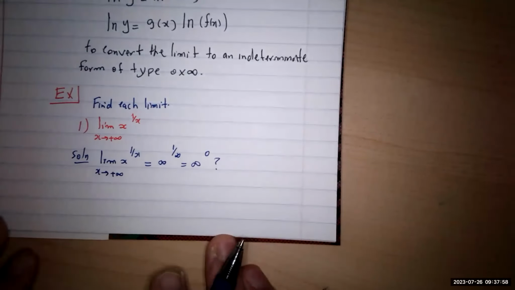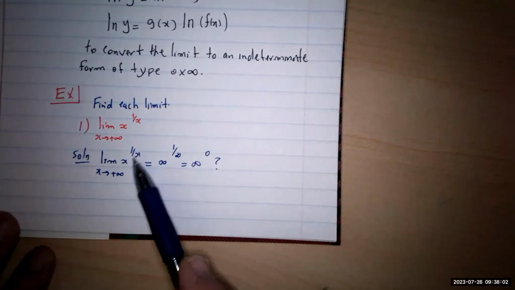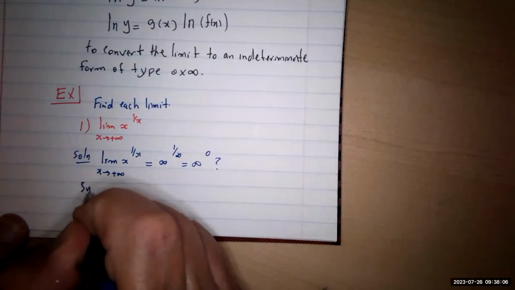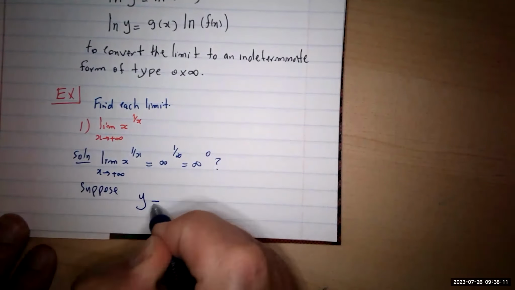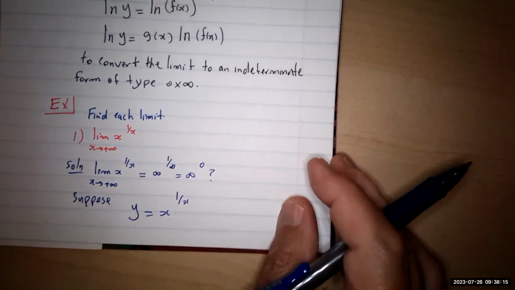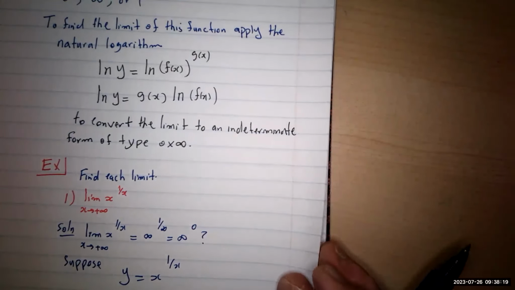How are you going to take care of it? You go back, you call this one y to bring it down. You have to do the algebra. Suppose y is equal to x to the 1 over x. Now do this procedure that we talked about. Take the ln of both sides. I'm going to go to the next page.